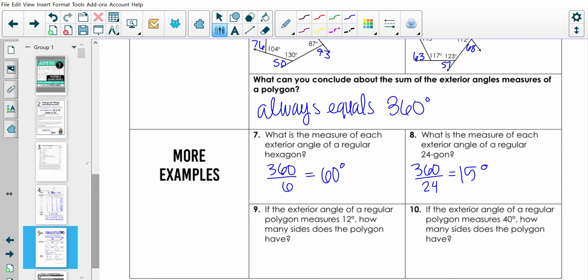If the exterior angle of a regular polygon measures 12 degrees, how many sides does the polygon have? How do I set this up? 360 divided by something equals 12. That something is x. How do I get rid of that x?